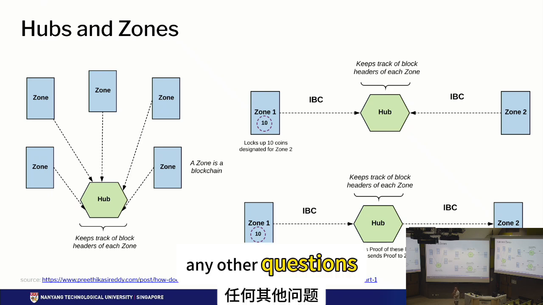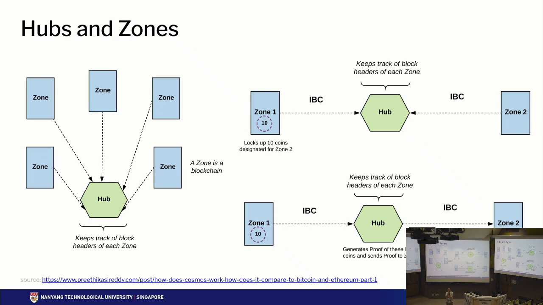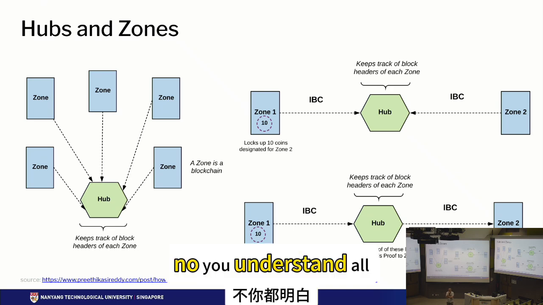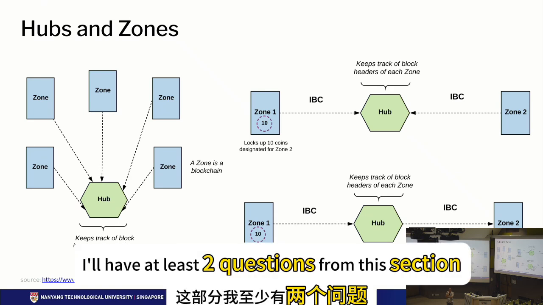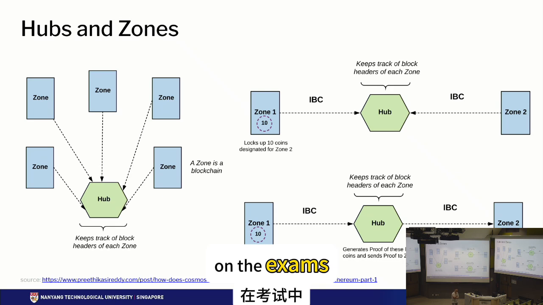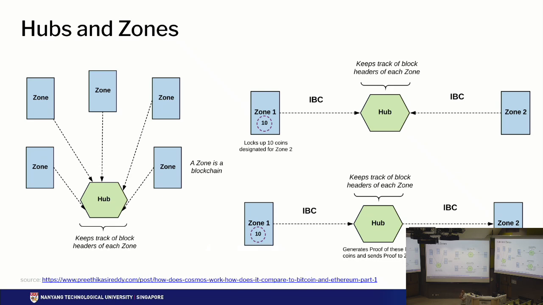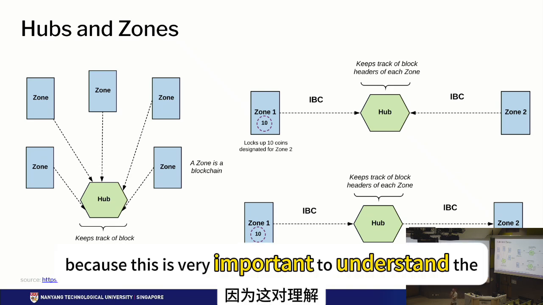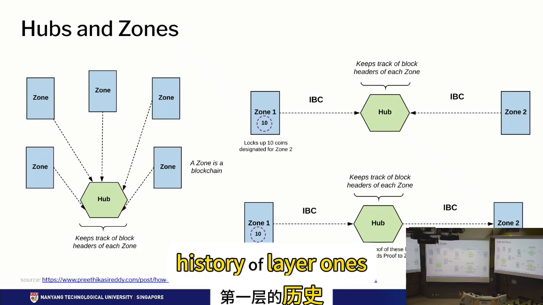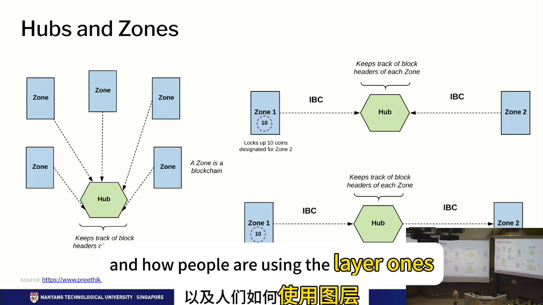Any other questions? No? You understand all? I'll have at least 2 questions from this section on the exams, because this is very important to understand the history of layer 1s and how people are using the layer 1s.